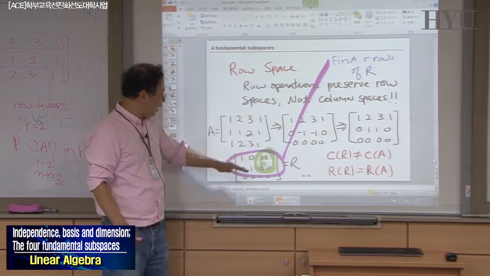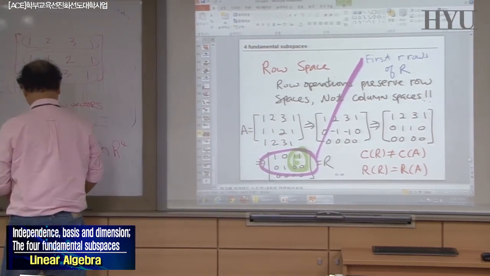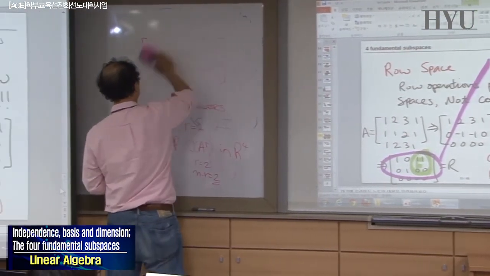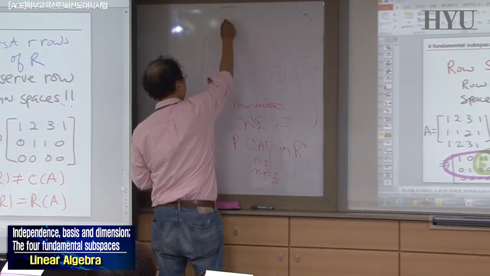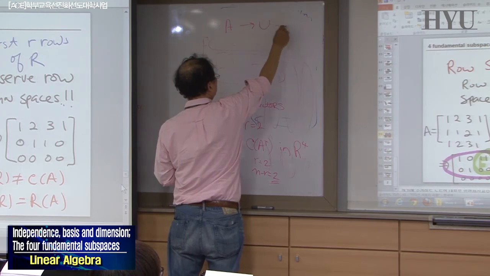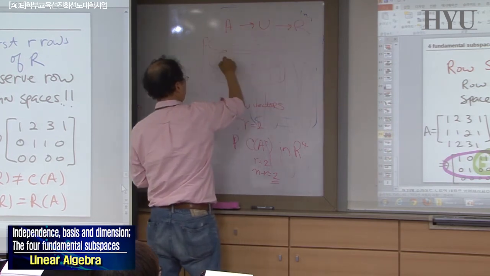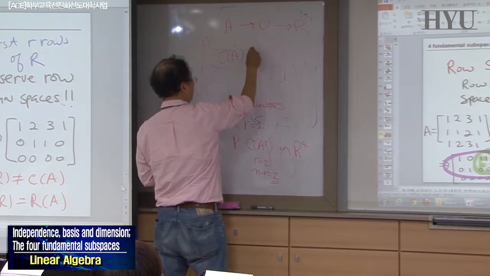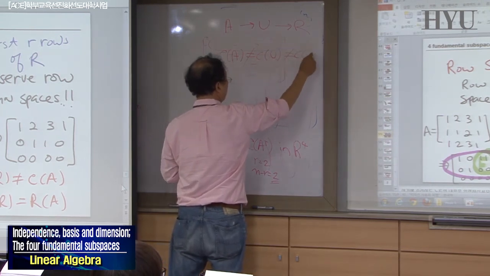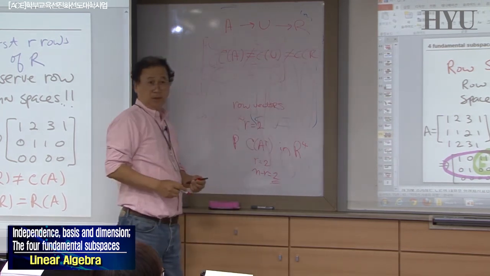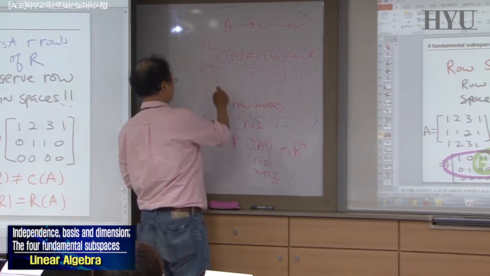So A and R. What I'm saying here is, when you convert A to U to R, the column space of A may not be the same as the column space of U, and may not be the column space of R. Okay?